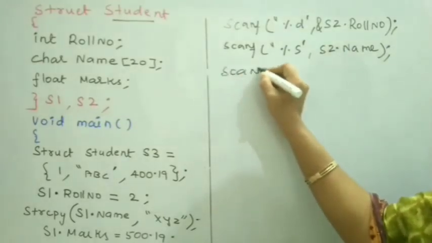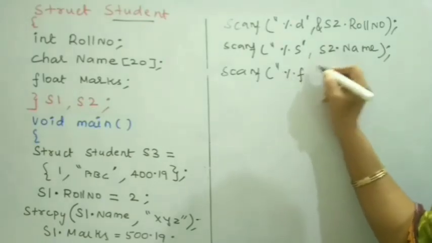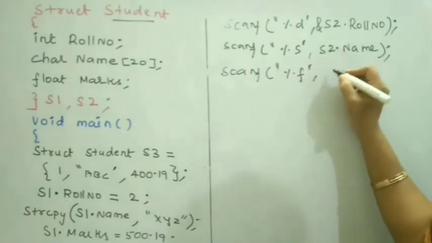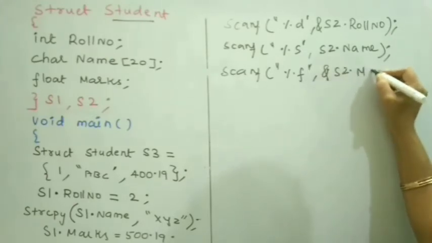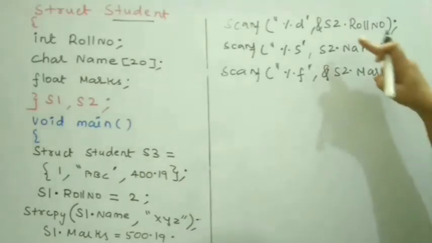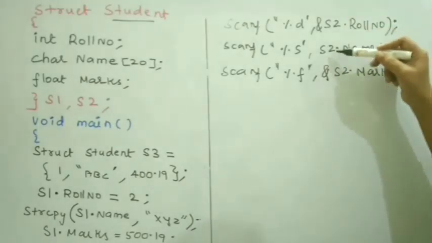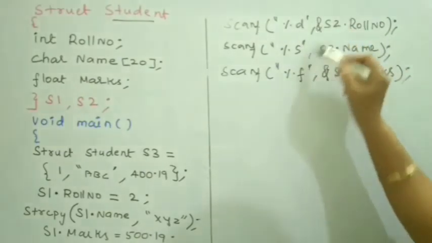Next, I am going to get value for the third data member, which is a float value, so the control string is %f. Get the value for s2 dot marks. So for the data members of the variable s2, we have received value from the user.